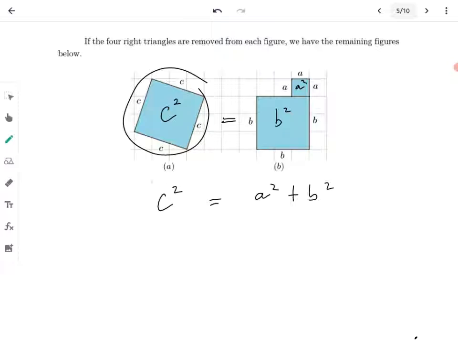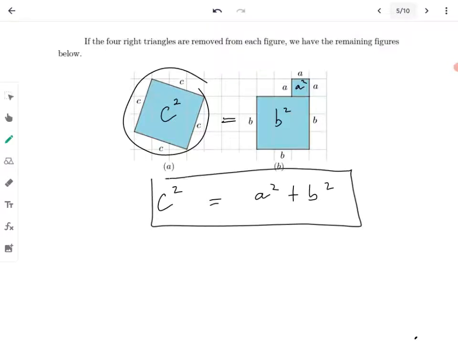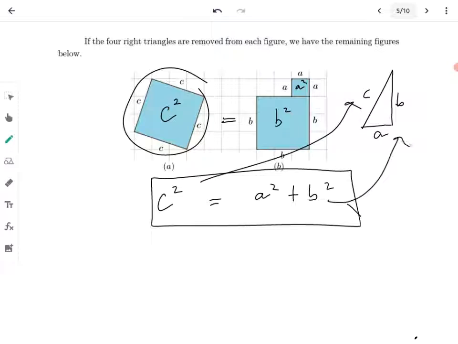This is actually the equation for the Pythagorean theorem. Going back, this is A, B, and C. As you can see, we just simply square the sides of the legs, then add them. That is equal to the square of the hypotenuse.